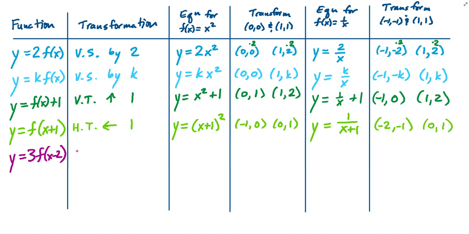So we have two things here, a vertical stretch by a factor of 3, and also a horizontal translation to the right by 2, because we're subtracting 2 from x. Okay, so this is our general function with those transformations.